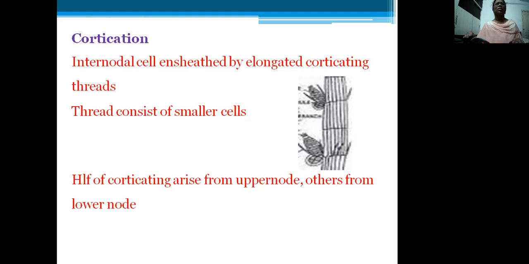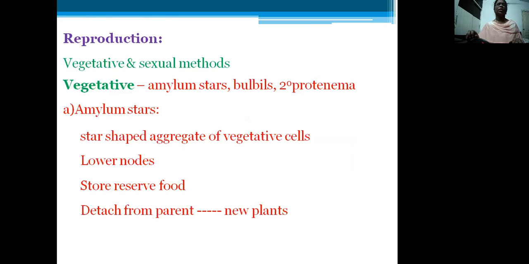These threads consist of many smaller cells. These corticating threads arise from the upper internode, and half originate from the lower internode.